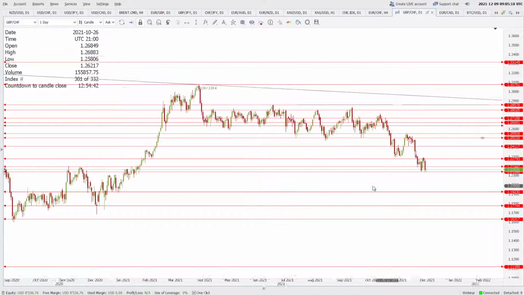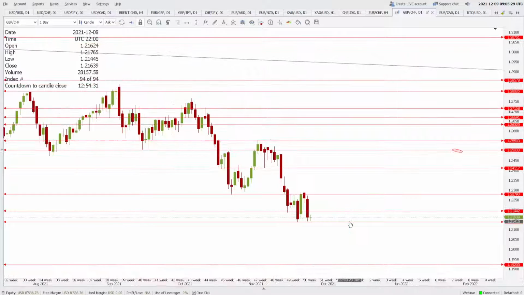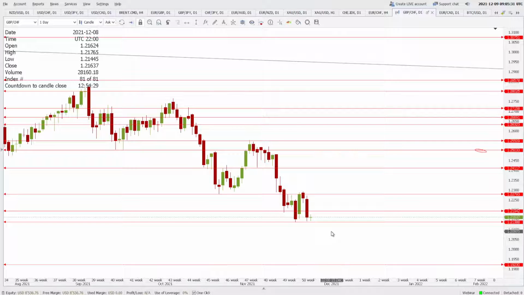So if you break below this 1.2138, then the next level is going to be 1.1923 in the GBP CHF. But is the Swiss franc stronger than the pound today? No, the pound seems to be stronger, but I think yesterday's bearish candle will still be attracting the sellers, and it may attract sufficient sellers to push the price below 1.2138.